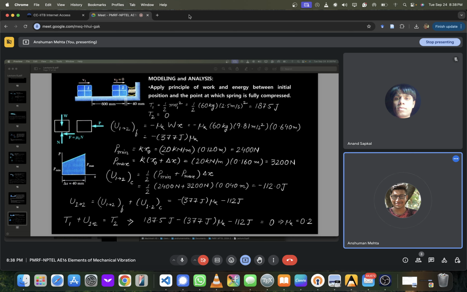Work done from moving from point 1 to point 2 is given by the friction force work plus the work done by the spring.